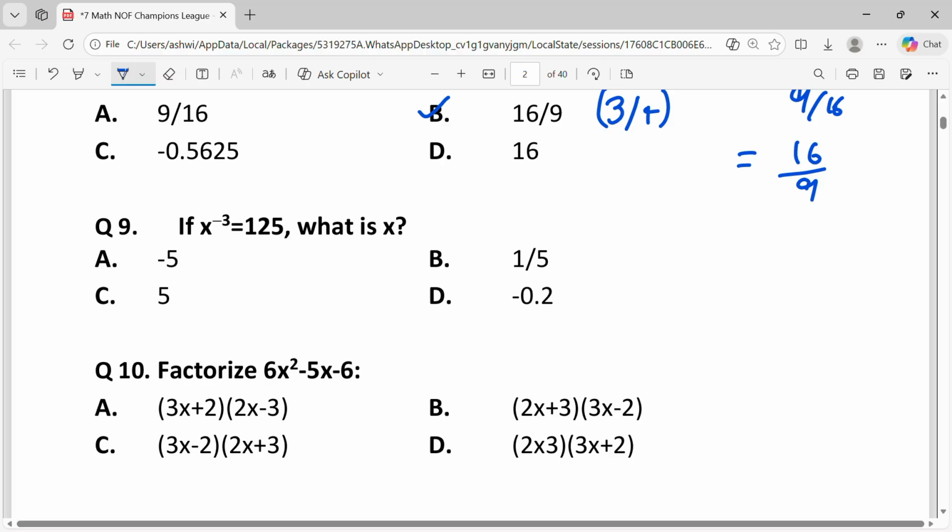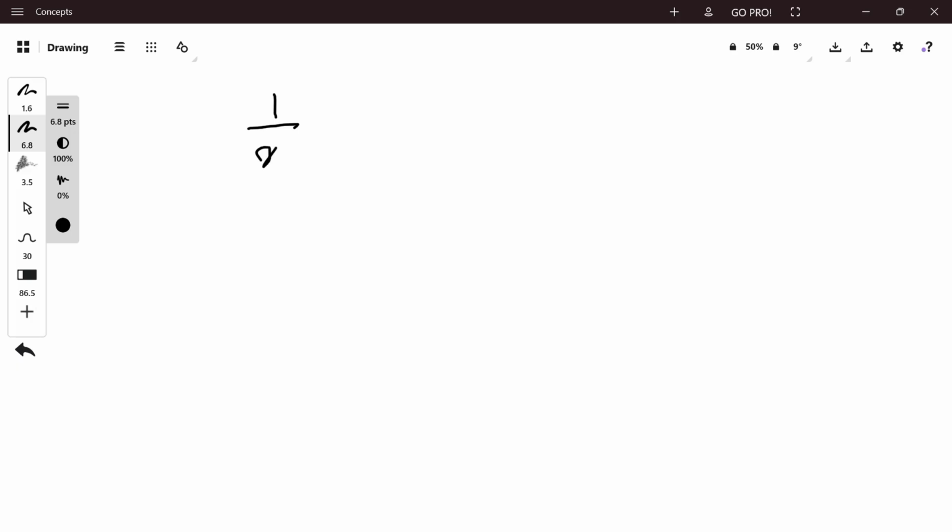Question 9. If x to the power minus 3 is 125, what is x? Using the exponential rule, x to the power minus n is equal to 1 upon x to the power n. Rewriting the equation as 1 upon x cube is equal to 125.